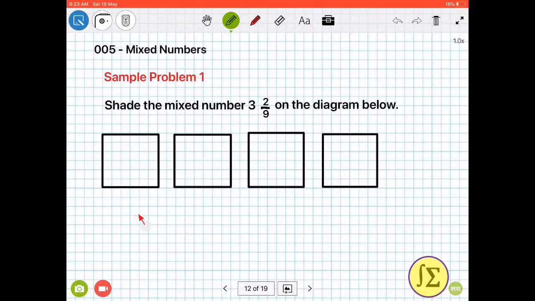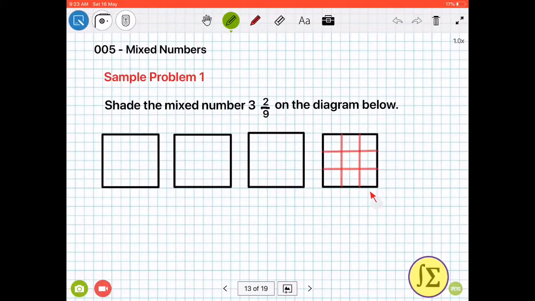We can see that there are 4 squares here. So we have a whole number of 3 and a fraction of 2 over 9. So these first 3 squares will represent the whole number 1, 2, and 3. And we have to show the fraction 2 over 9 on the last square.